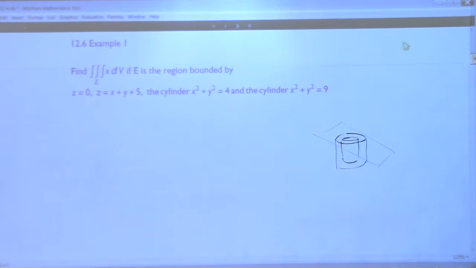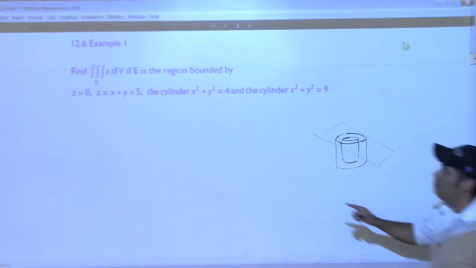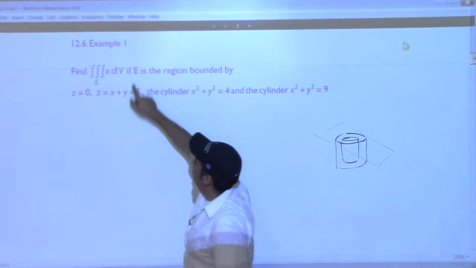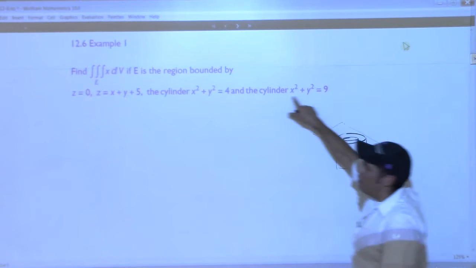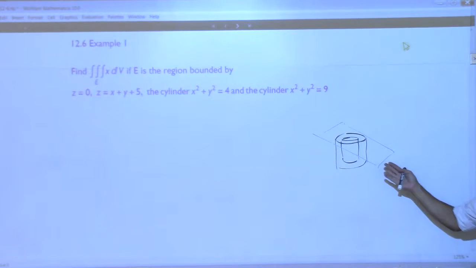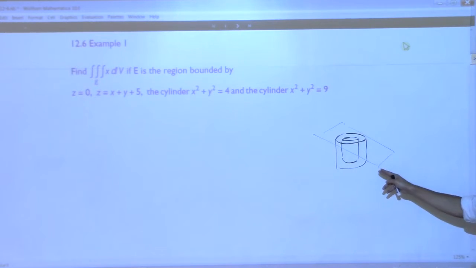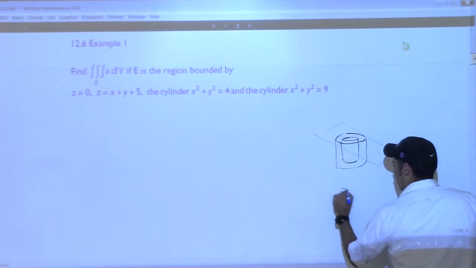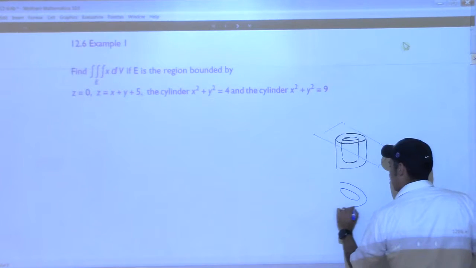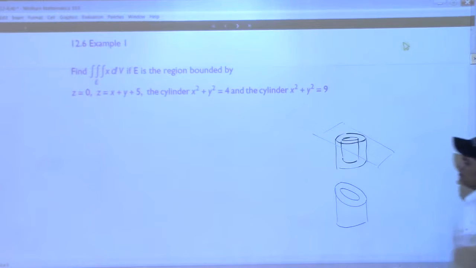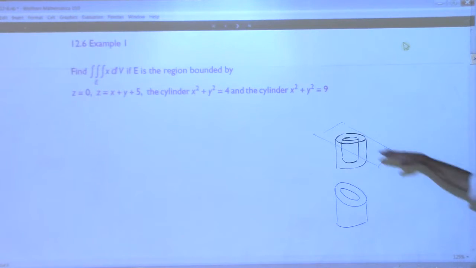And so the solid we're integrating over, the solid E, that region of integration, is the solid bounded by all these. So there's a three-dimensional solid in here. Do you all see it? I'm going to try and draw it. It's going to have a little angle to it, like this, and come down like this. Do you all see something like that? I'm not quite sure of the tilt of the plane.